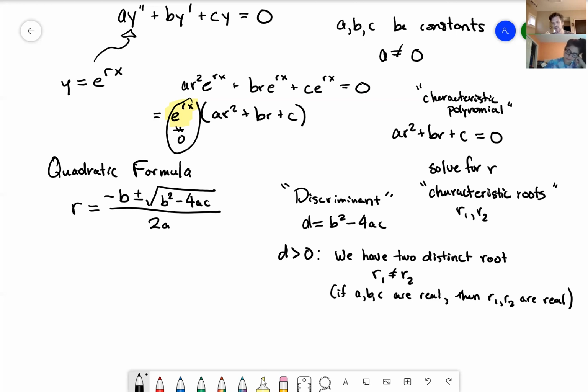So if we think about these things having real coefficients, then this is the case where we have two distinct real roots.